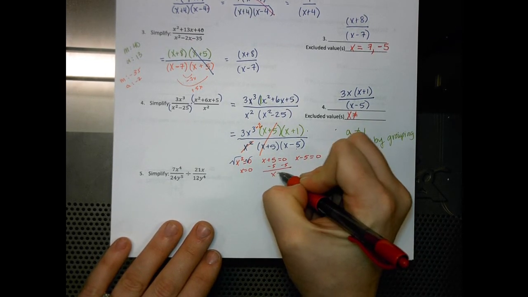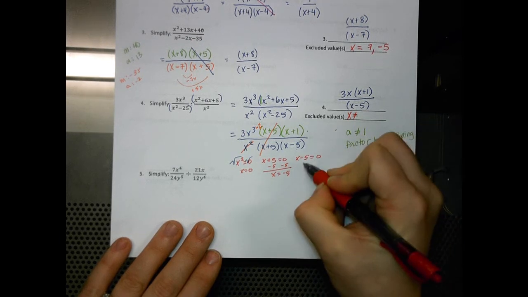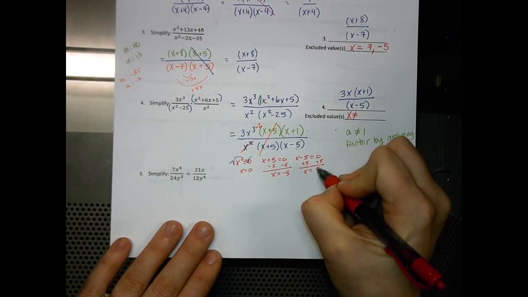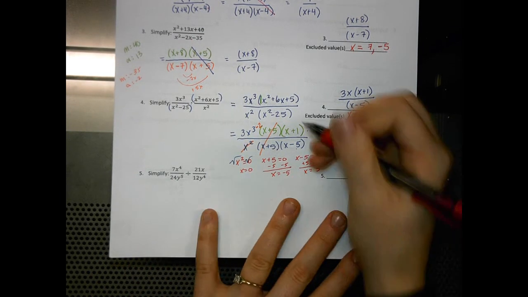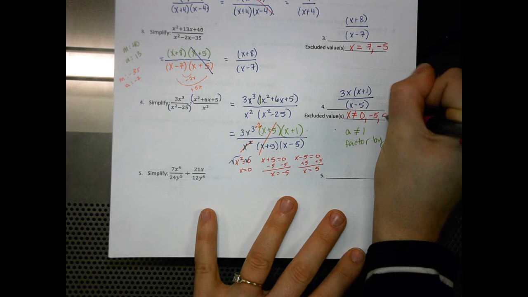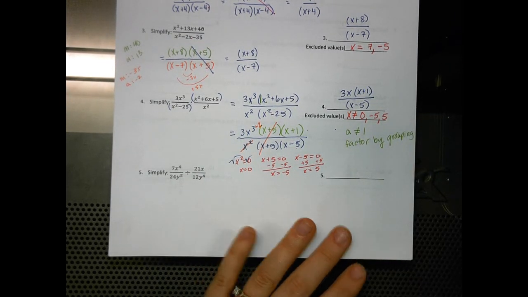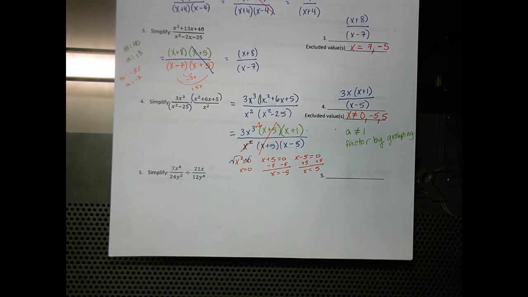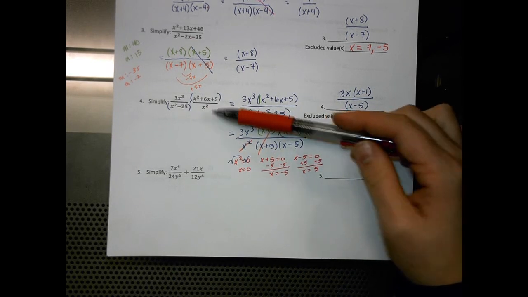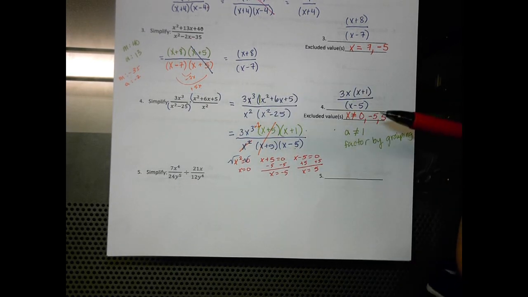And I get x equals negative 5. And on the third one, I'm going to add. So I get x equals positive 5. So 0, negative 5, and positive 5 cannot be your x values. Otherwise, it would make your denominator equal to 0. And if your denominator is 0, then your expression is undefined.